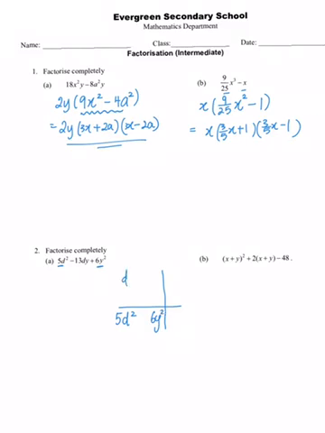I need a d times d to give me d squared, y times y to give me y squared. Using my calculator mode 3, a is the number 5, b is the number negative 13 because it's a mixture of two terms, and c is the number positive 6. My calculator gives me x equals 2.